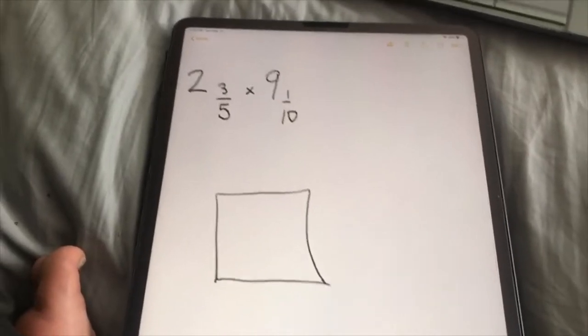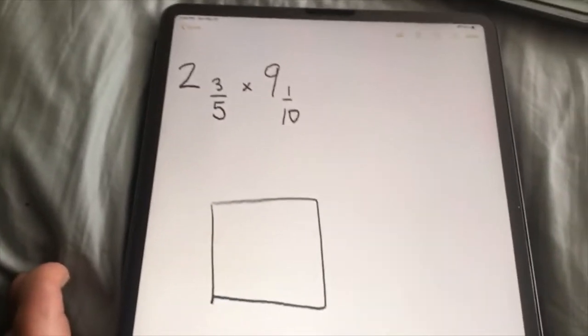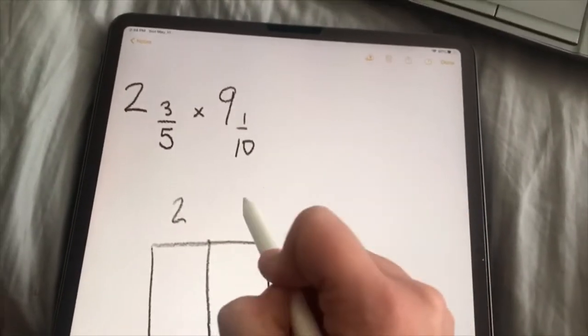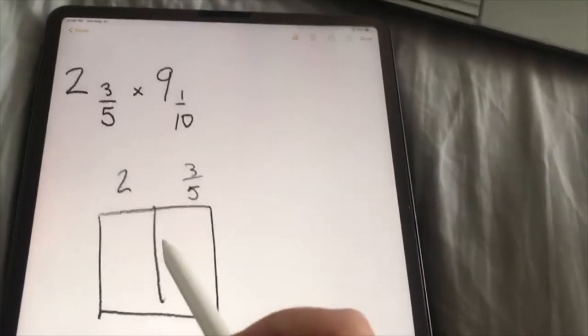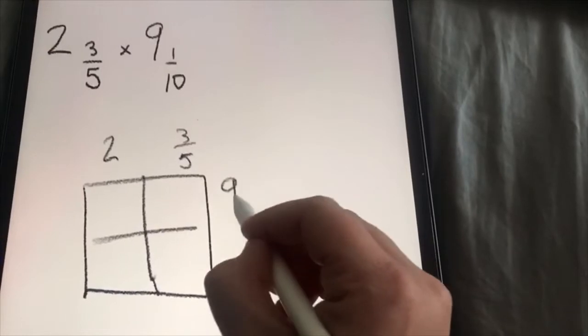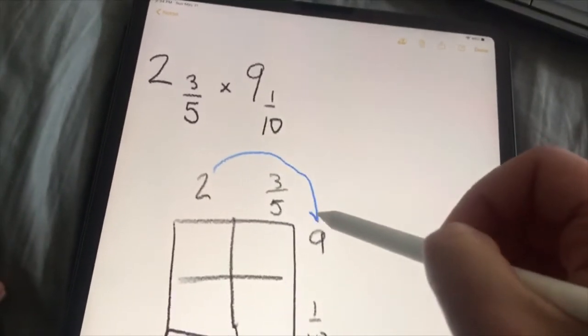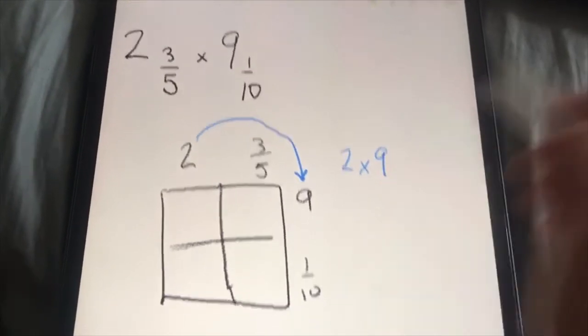So I'm first going to take 2 3/5 here. Okay, and I'm going to break it apart. Okay, and then I'm going to take 9 1/10, and I'm going to break that apart. Okay, so first things first, we need to multiply 2 times 9.